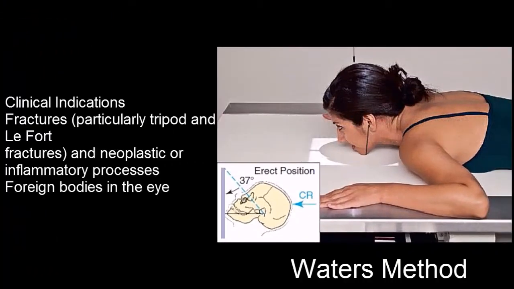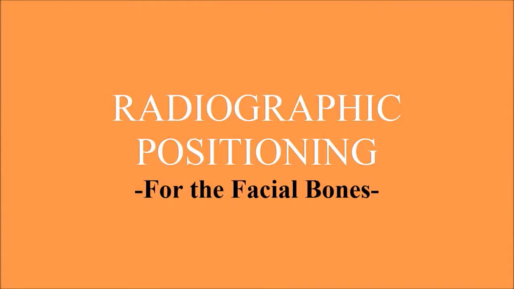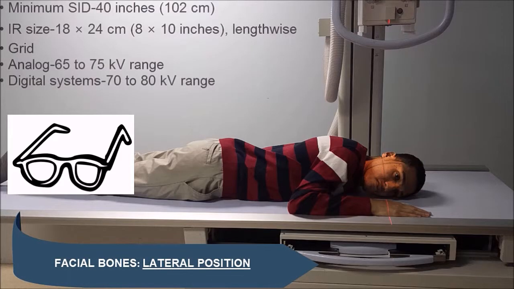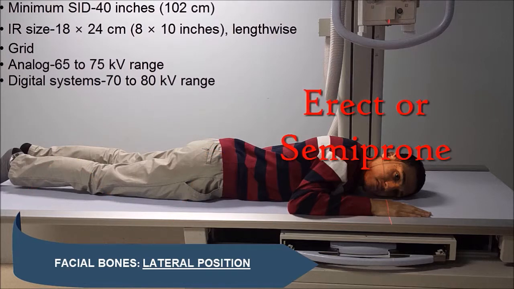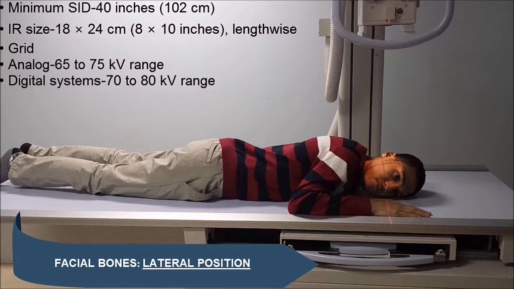Waters method: fractures, particularly tripod and Le Fort fractures, and neoplastic or inflammatory processes, foreign bodies in the eye. Position: remove all metallic or plastic objects from head and neck. Best position erect or recumbent, semi-prone. Part position: rest lateral aspect of head on table with side of interest closest to the receptor.